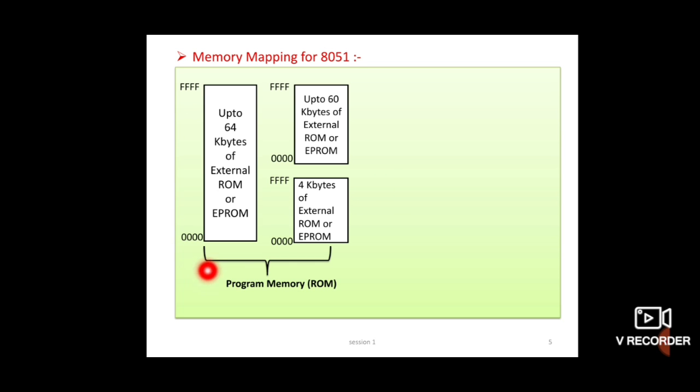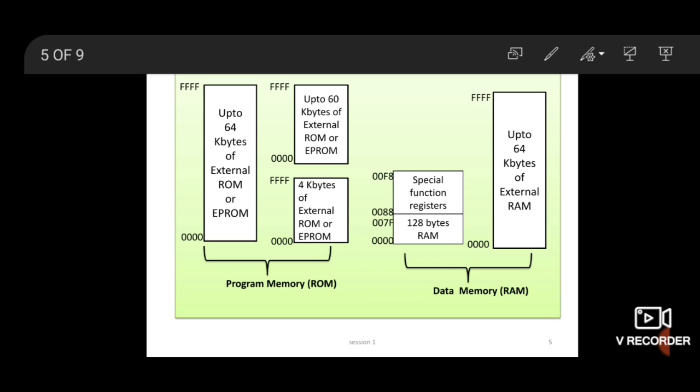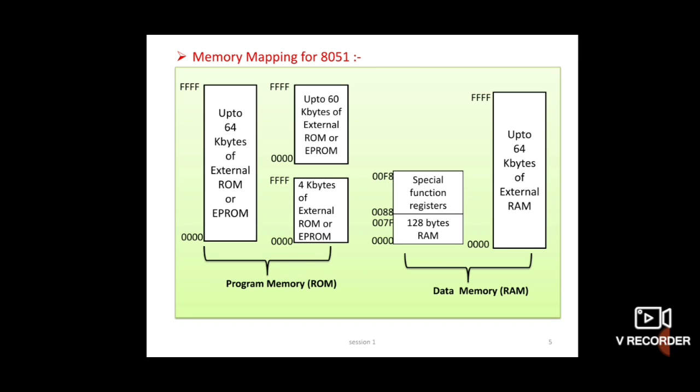The first memory space is program memory, also called ROM. The second memory space is data memory, meaning RAM. This is the figure of the 8051 microcontroller.